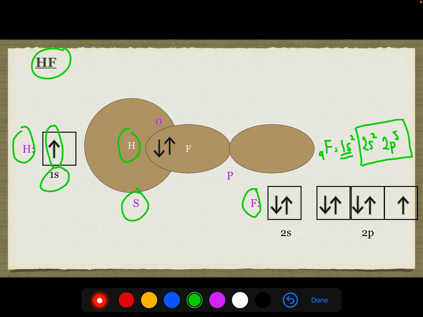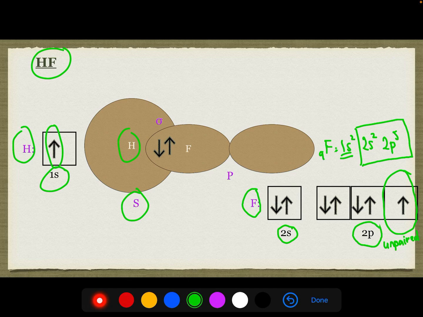So, bila kita draw, okay, kita akan nampak yang 2s orbital is already filled with 2 electrons. 2p orbital have one unpaired electron. Ada satu orbital yang ada elektron yang tak ada pasangan, unpaired. This is called unpaired electron. Tak ada pasangan. So elektron yang tak ada pasangan ni yang kita akan overlapkan supaya dia boleh membentuk bonding.